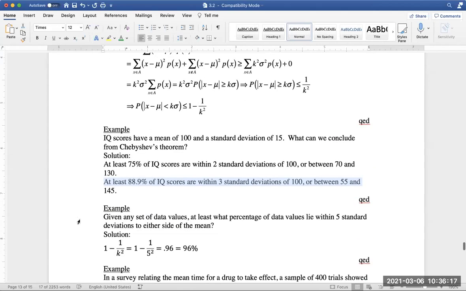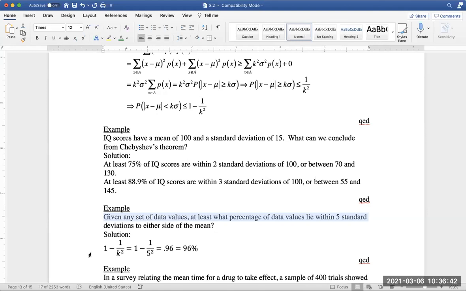Given any set of data, at least what percentage of data values lie within 5 standard deviations to either side of the mean? Let's look at 1 minus 1 over k squared. k is 5. 5 squared is 25. 1 minus 1 over 25. 25 minus 1 is 24. So 24 over 25, 0.96.